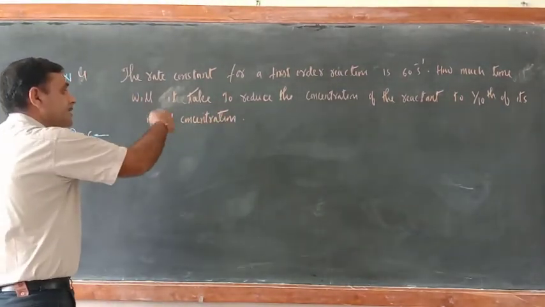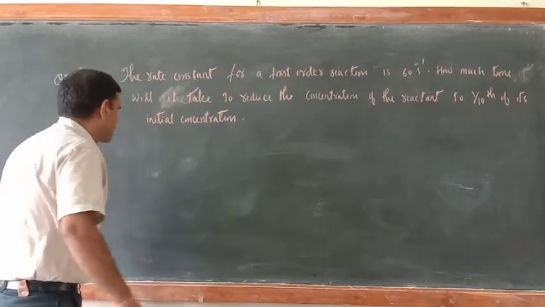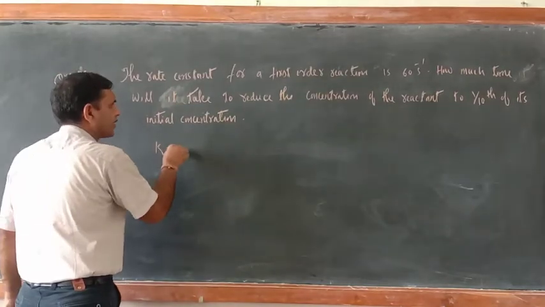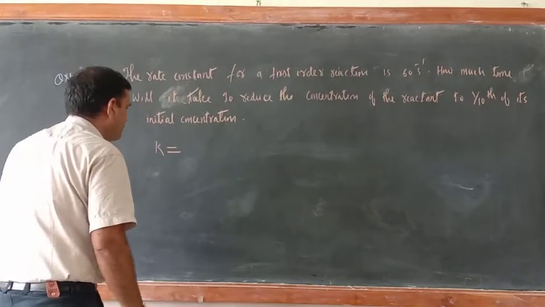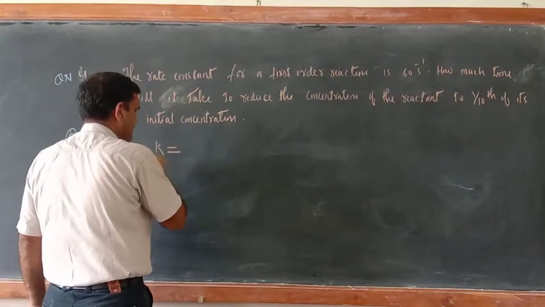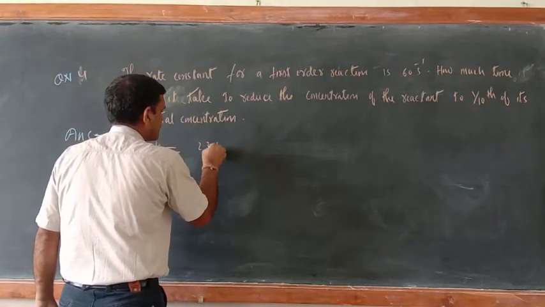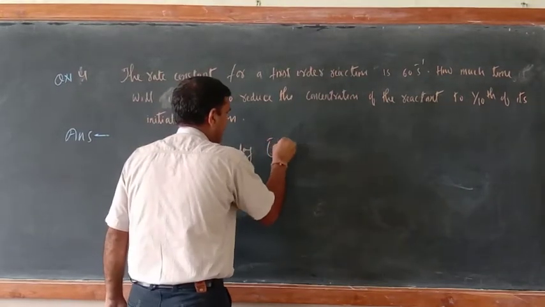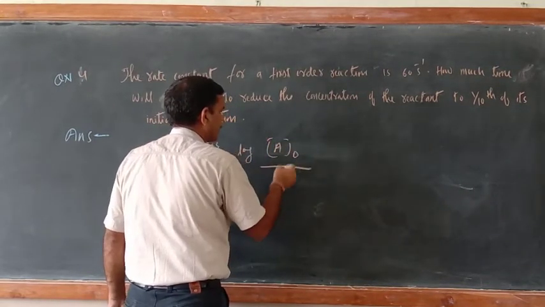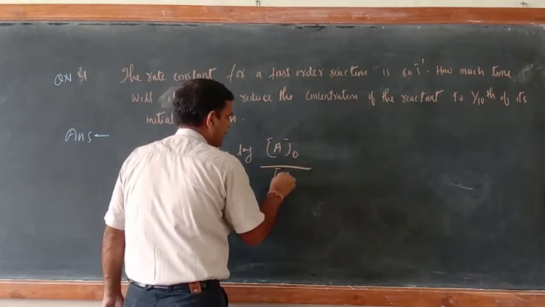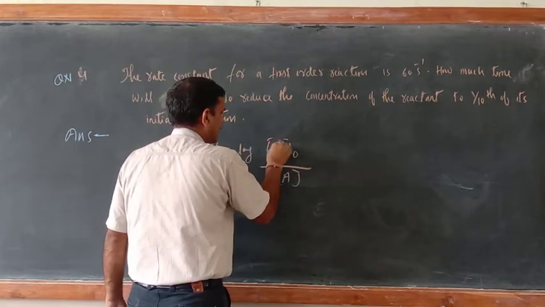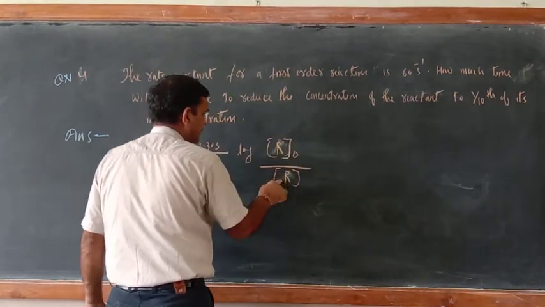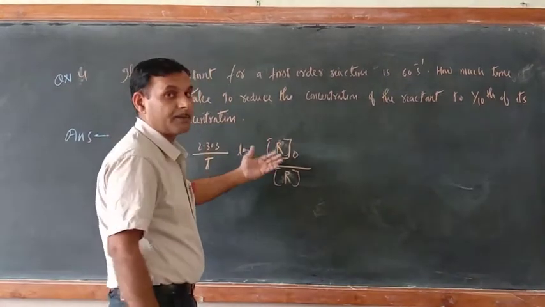So for the first order reaction, K equal to 2.303 by T log R0 by R. R0 is the initial concentration and R is the concentration at time T.